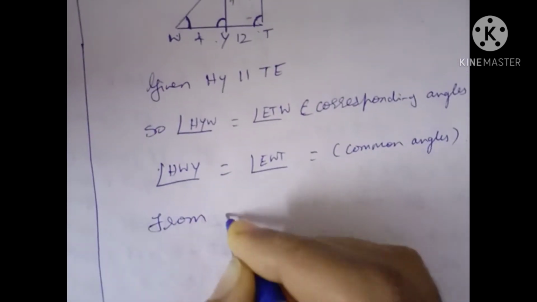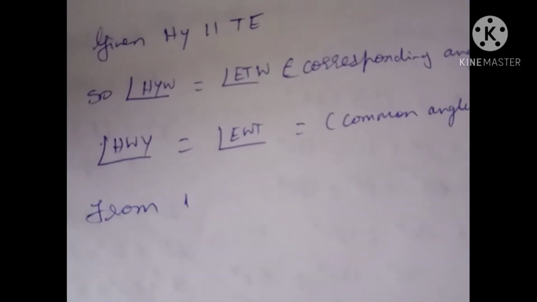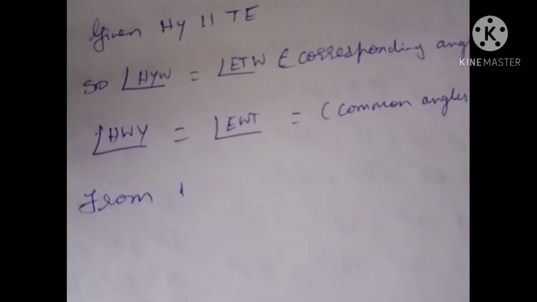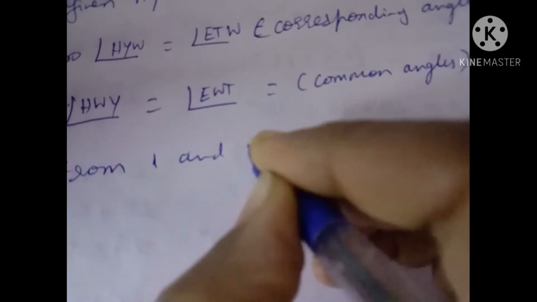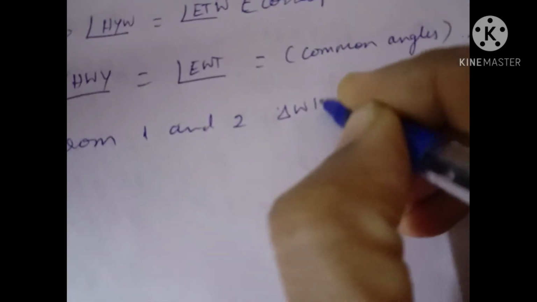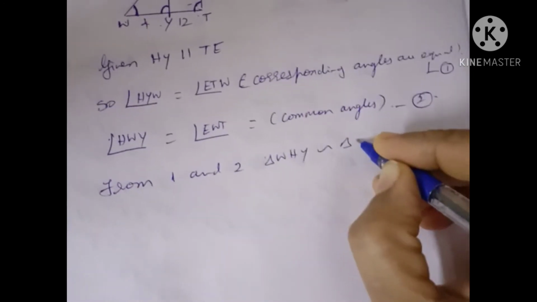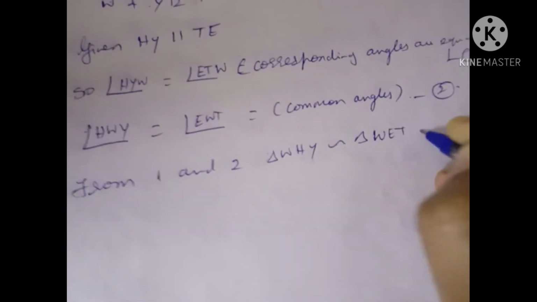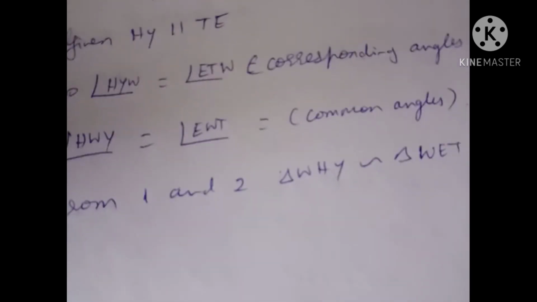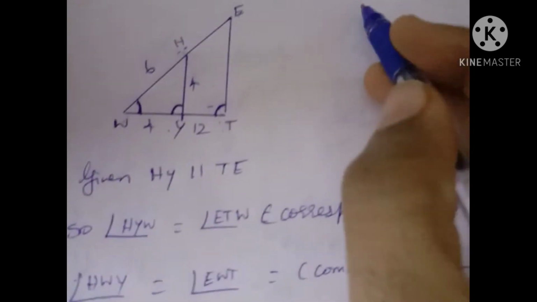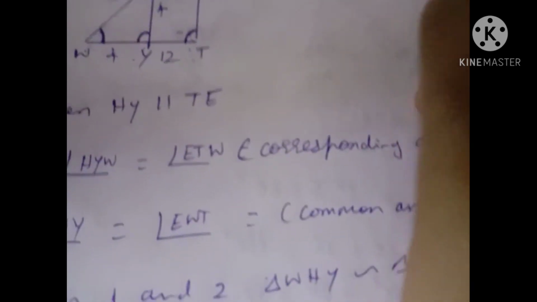This is your first equation and this is your second one. So from 1 and 2, triangle WHY is similar to triangle WET. Now they ask you to find out the HE and TE values.